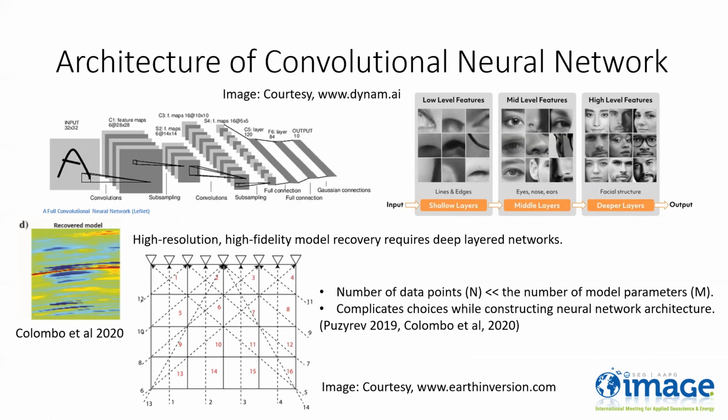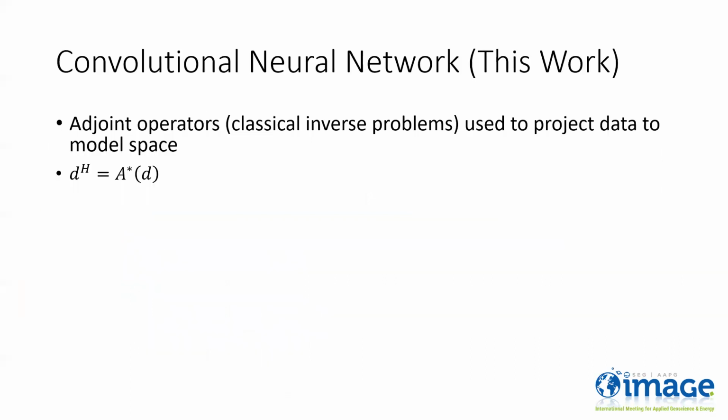Most workers, notably Puzyrev and Sudinsky and others, have adopted an incremental transition from data dimensions to model dimensions through a combination of choices in upsampling, cropping, and other methods to eventually match the dimensions of the target vectors. However, in this study, a different approach was adopted by studying the conventional inversion practices of using adjoint operators.